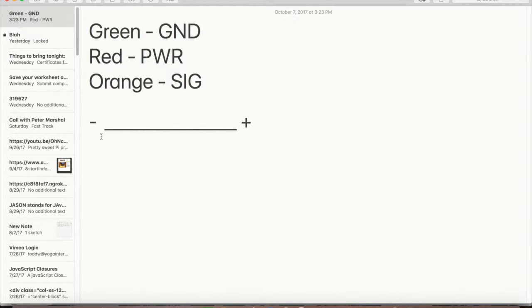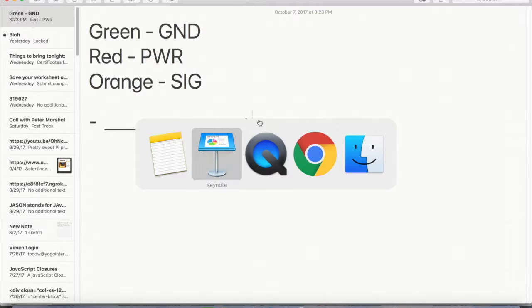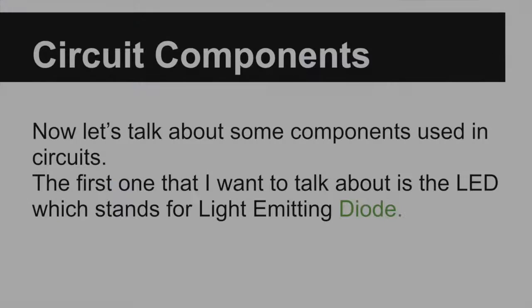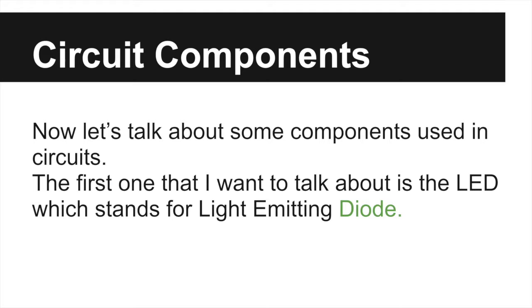Now, this whole thing here is our component, alright? And we can apply power here and expect to get it out here. But if we applied power here, we would not get power out on this side. There's a special word for this, and we call it polarized. So, meaning one side is negative or ground, and one side is positive or power, and you cannot cross the two. So if your LED is not working correctly, that's probably why.